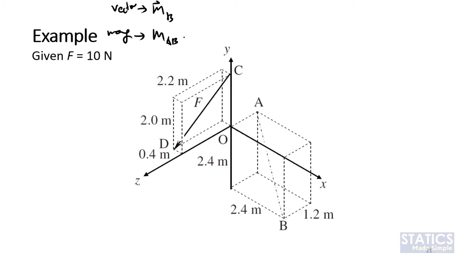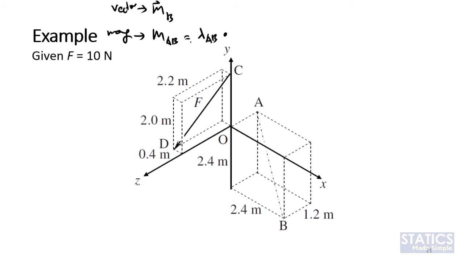The moment about AB axis must be equals to unit vector along AB. So that unit vector, if we want to know AB, must be from A to B. Okay, if we choose B to A, the value will be the opposite, or it will be different.